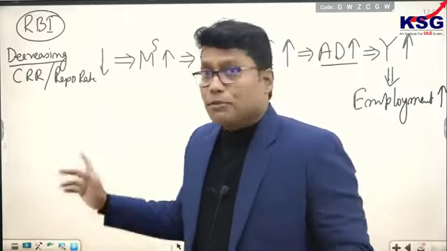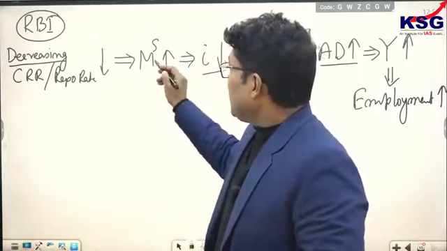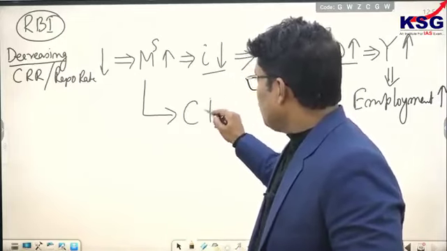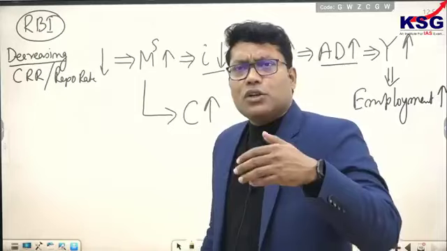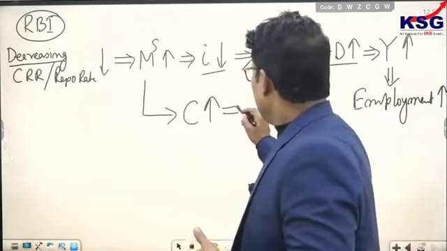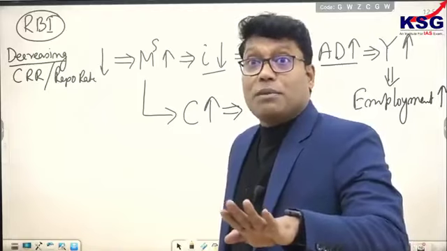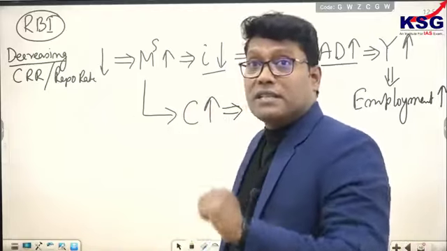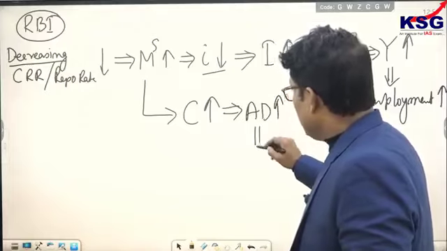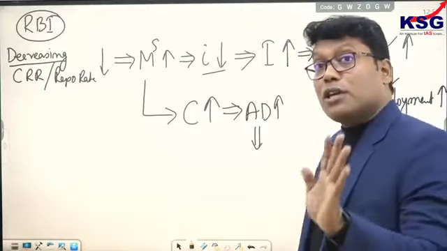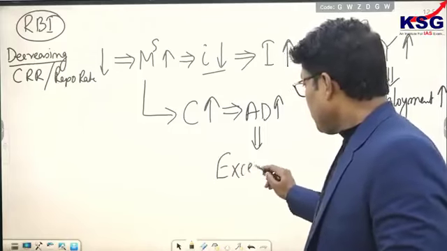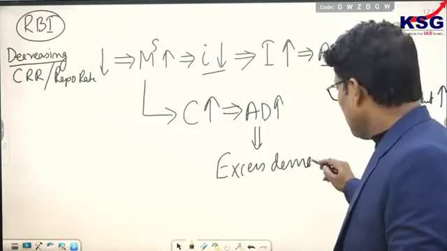If you take the example of the economy, suppose money supply has increased, and the increase in money supply increases only consumption, and mostly of those items which are already in demand in the economy, but the economy is not able to meet the supply. So aggregate demand is going up, but if the economy is not able to meet the demand, it is going to create excess demand in the economy.